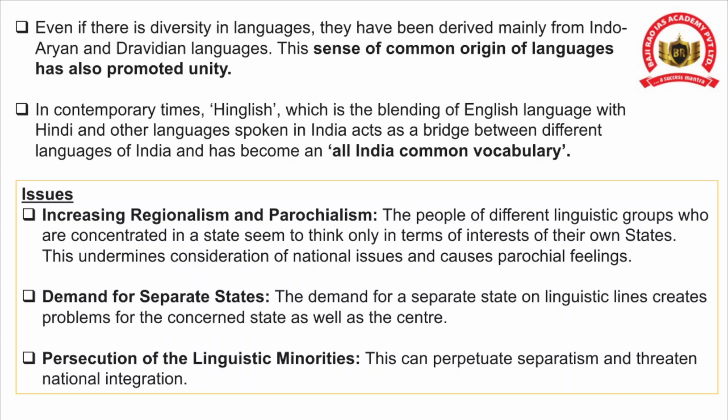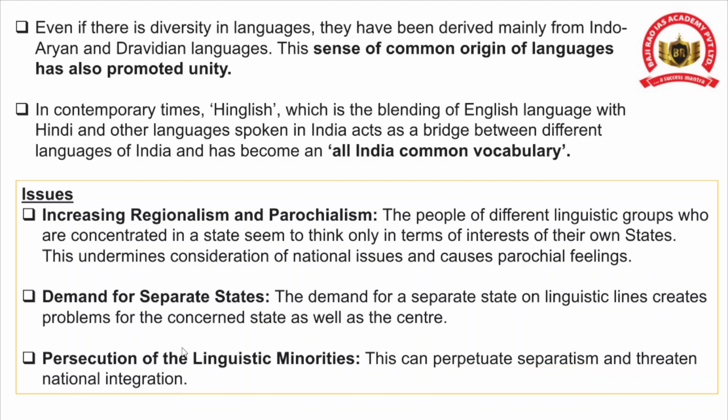The linguistic minorities, the Bengali speaking people in East Pakistan, were persecuted by the people of West Pakistan. So that has led to the separate nation of Bangladesh. Right. So this can perpetuate separatism and threaten national integration.